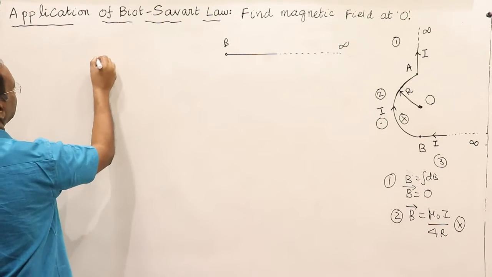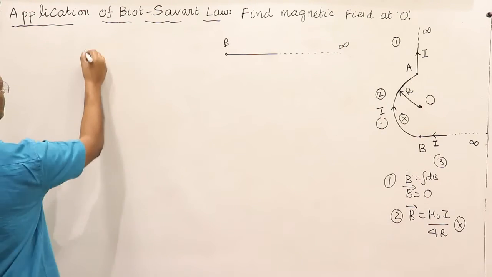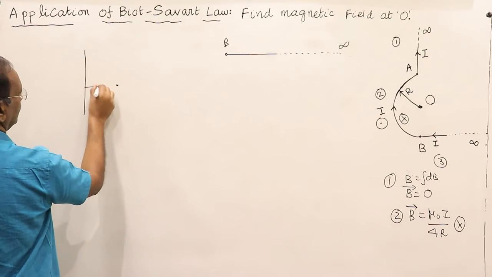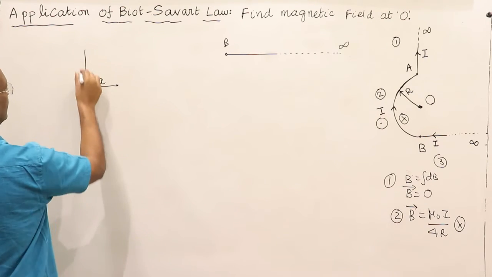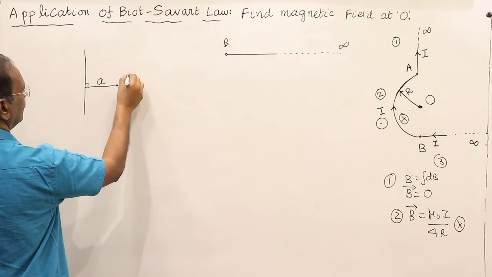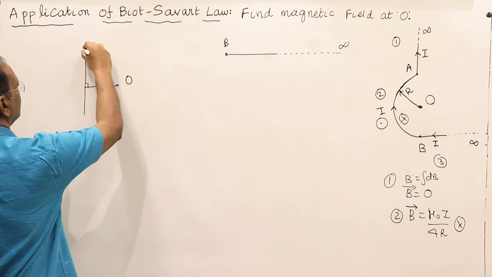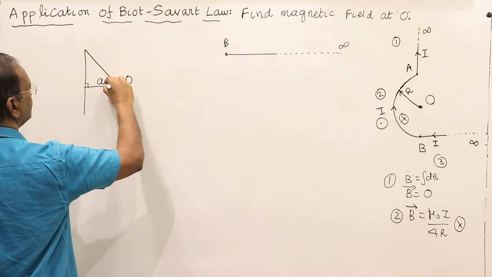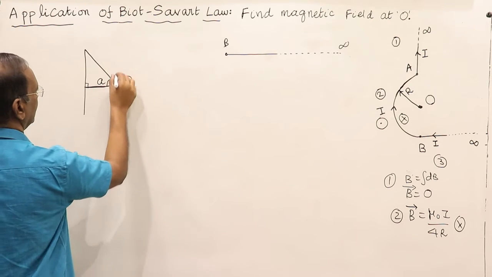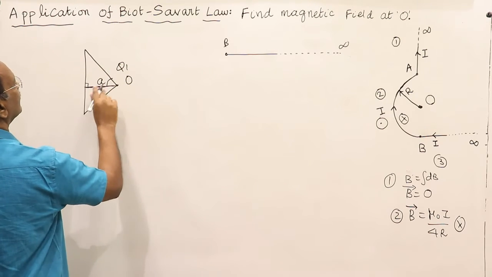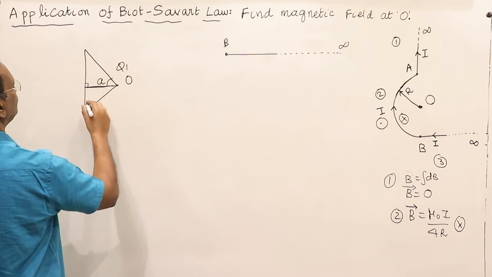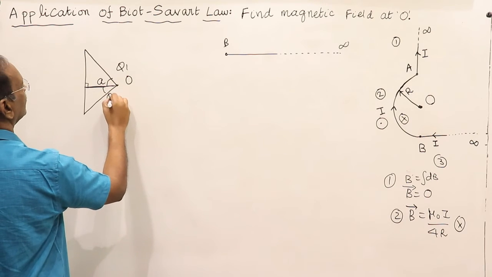Already we have seen, if there is a straight wire, we take the perpendicular distance A from the conductor. This is the point O, and we join one end, making an angle phi 1 with the reference line, and we join the other end to the perpendicular distance line from O, and this angle is phi 2.